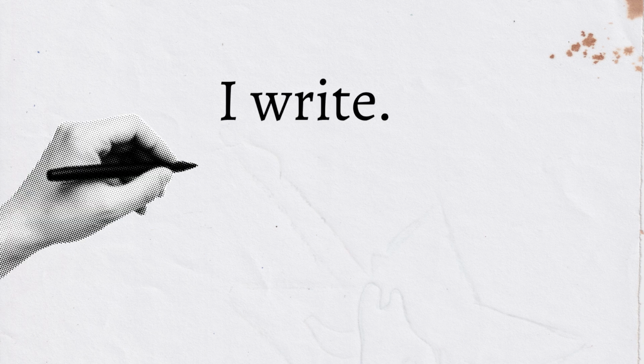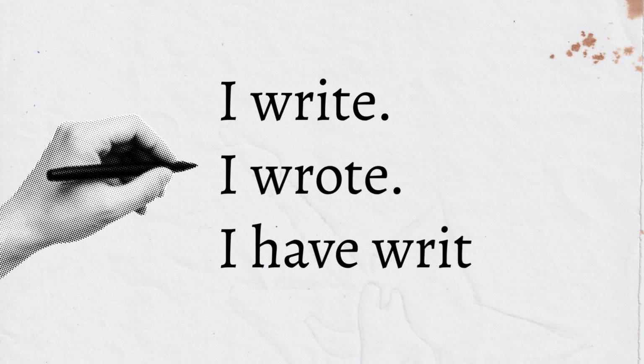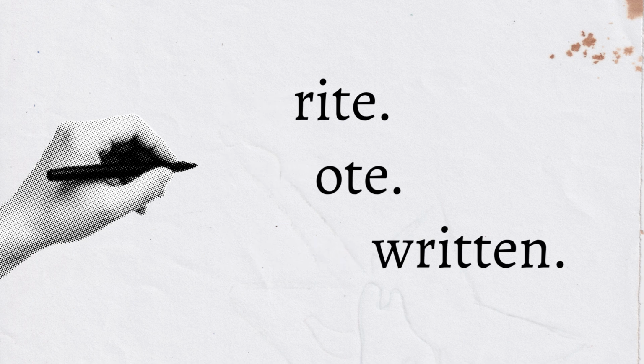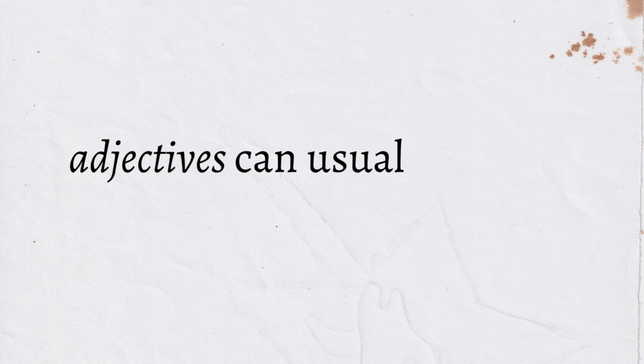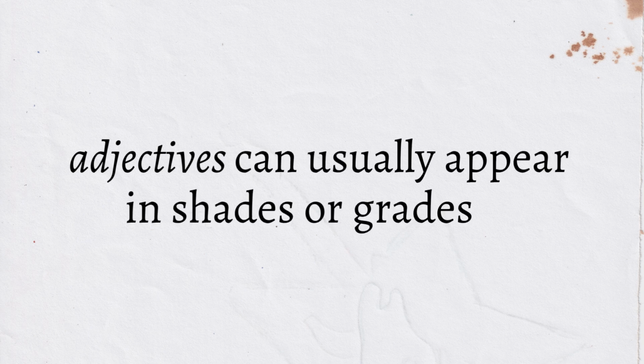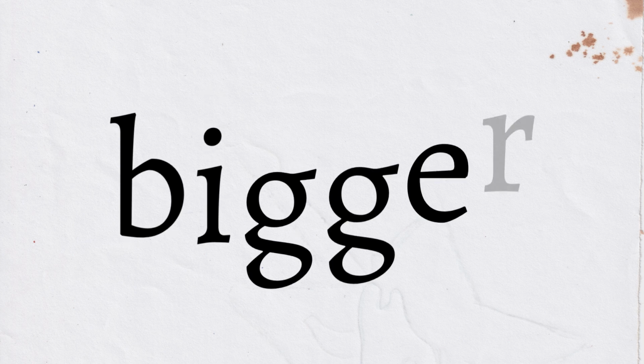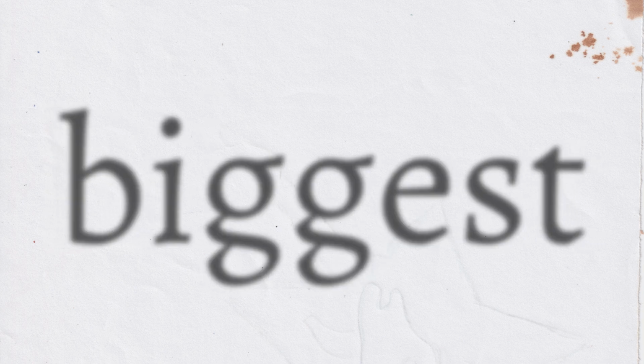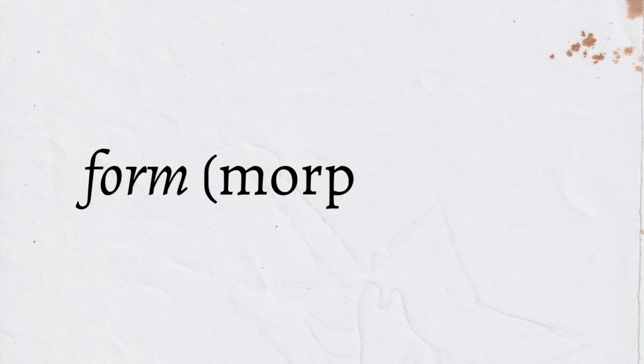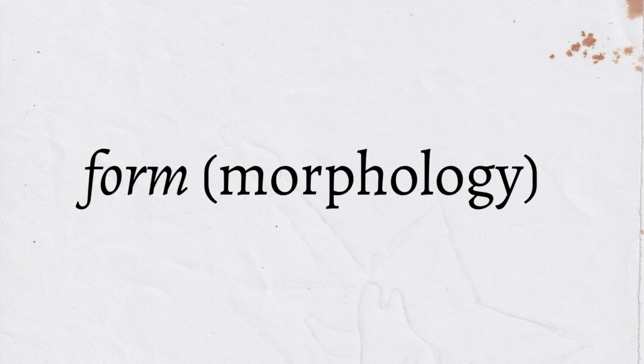Today I write, but yesterday I wrote, and over the course of the week I have written. Adjectives can usually appear in shades or grades, as in big, bigger, and biggest. That's what form means, otherwise known as morphology.